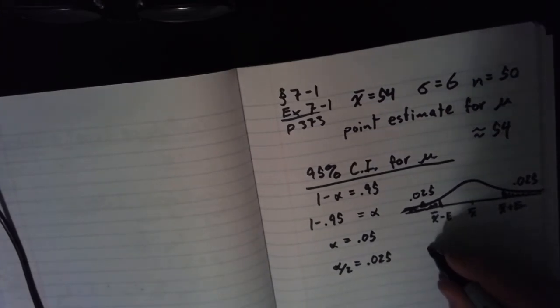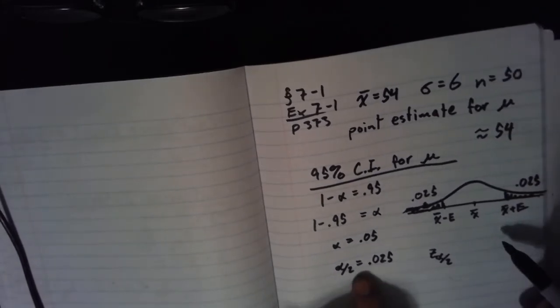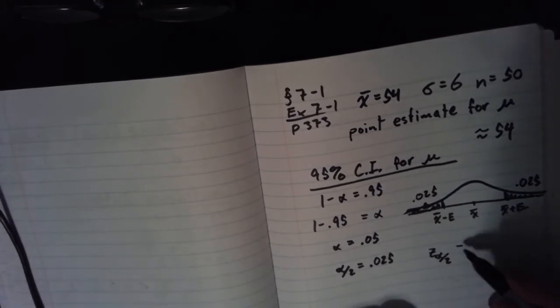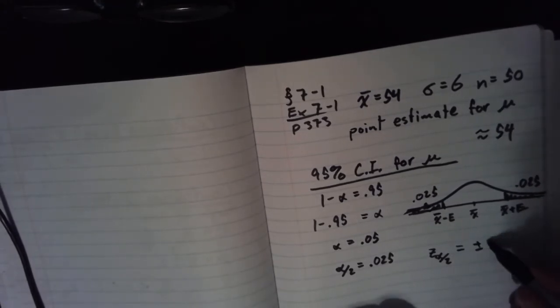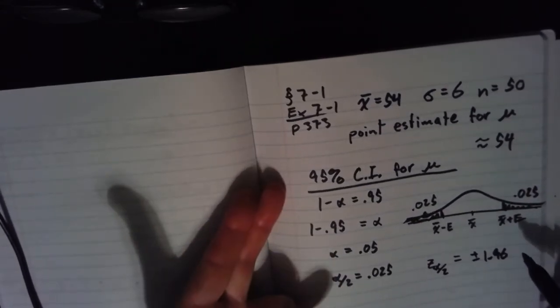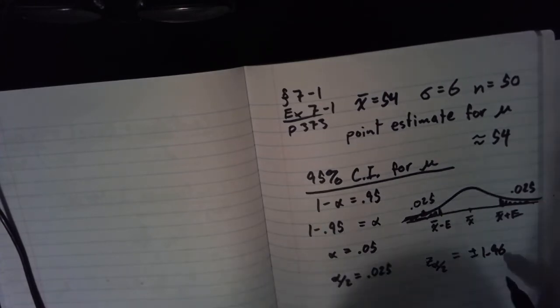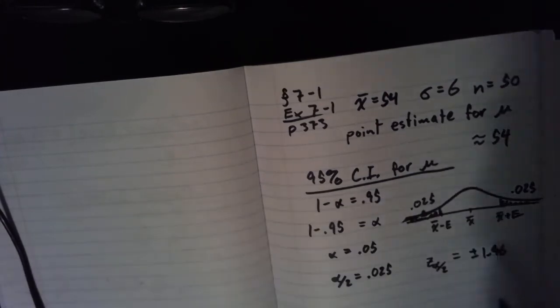The critical z subscript alpha over 2 values, and you could write z subscript 0.025 if you wanted to, would be plus or minus 1.96. So remember, this is our favorite z value ever.